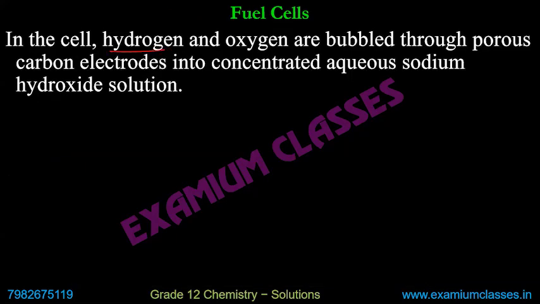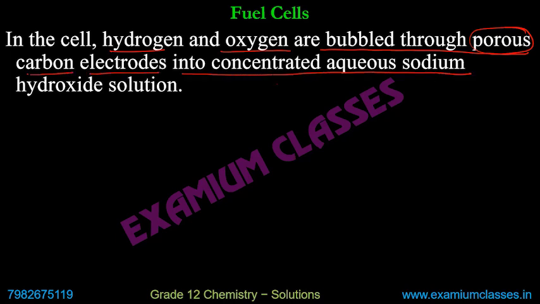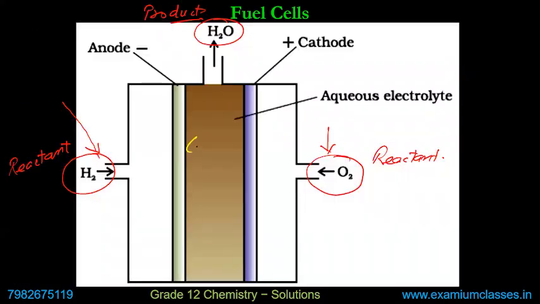In the cell, hydrogen and oxygen are bubbled through porous carbon electrodes into concentrated aqueous sodium hydroxide solution. From the anode side, hydrogen; from the cathode side, oxygen.